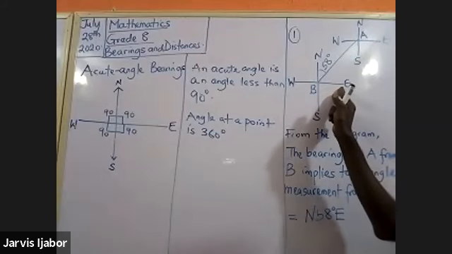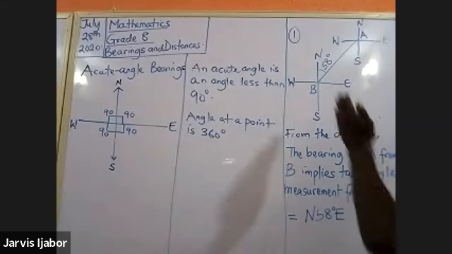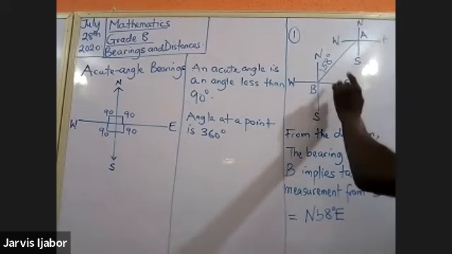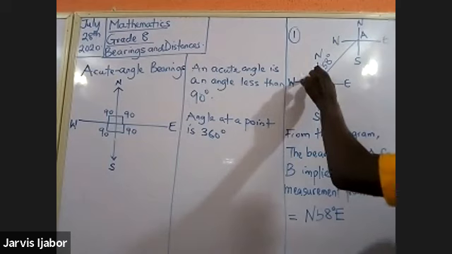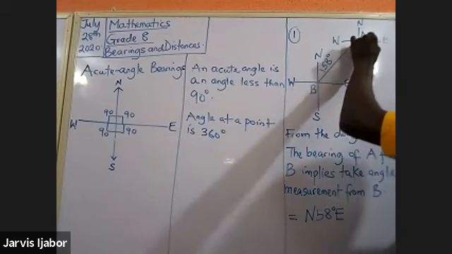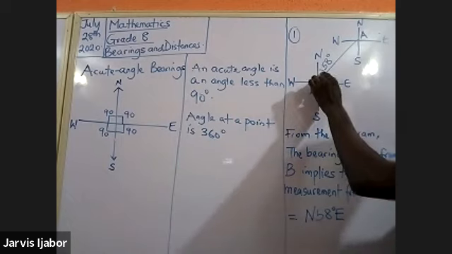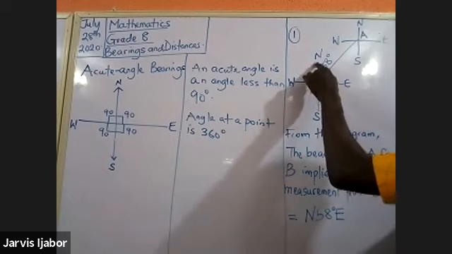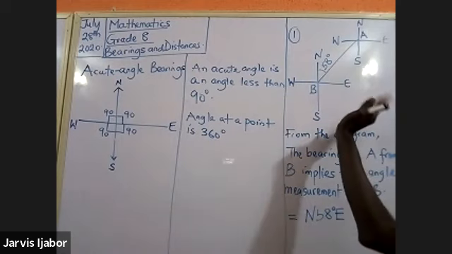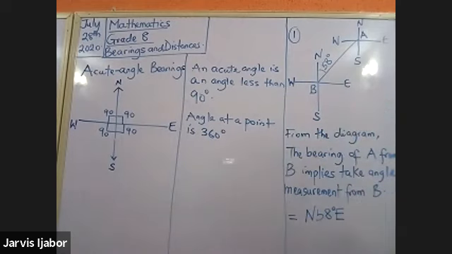I've seen it because the angle you're dealing with is facing the position of A, this way. And since you are measuring the angle from B, you check the angle till it gets to that line that connects to A. So that is 58 degrees. So it will be north 58 degrees east, coming in this direction.